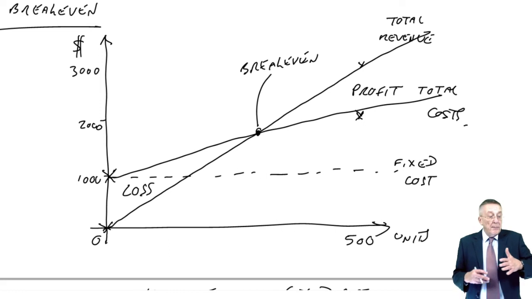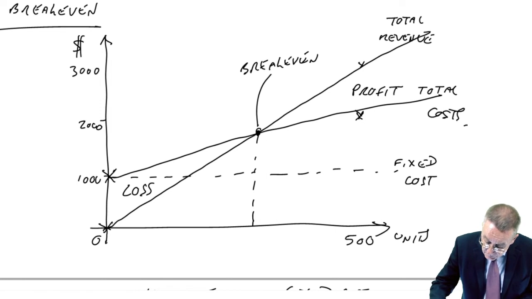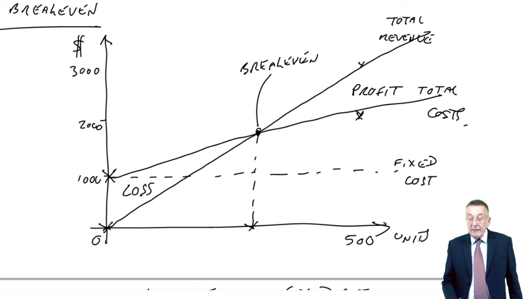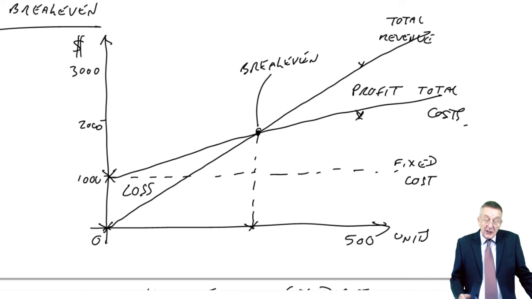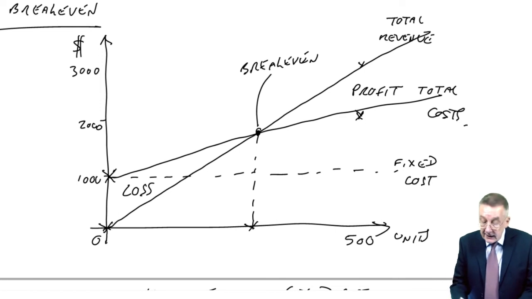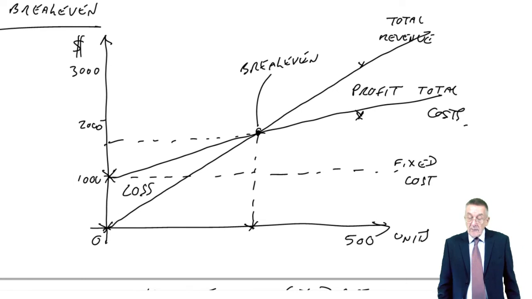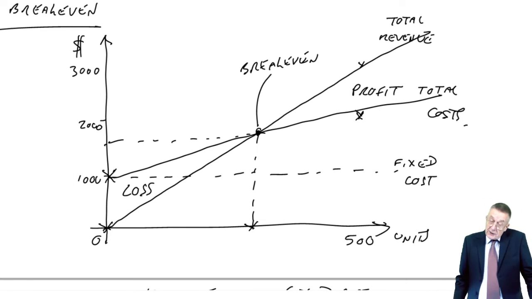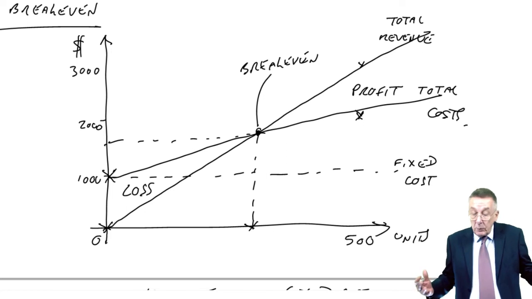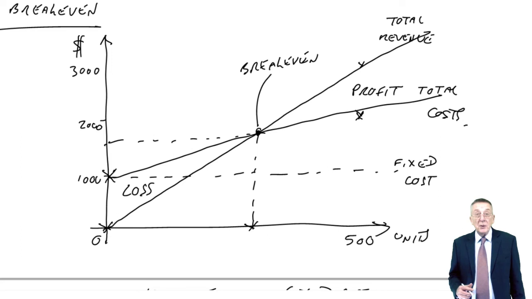And although you would never be reading anything off the graph, that would be our break-even units. We know it's 250 and it looks about that. And here would be the break-even revenue. So it's just a nice diagrammatic way of showing what break-even is and why it's so important.